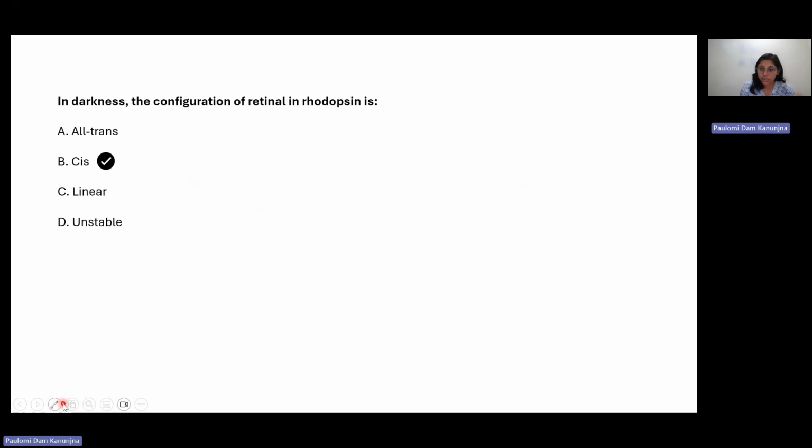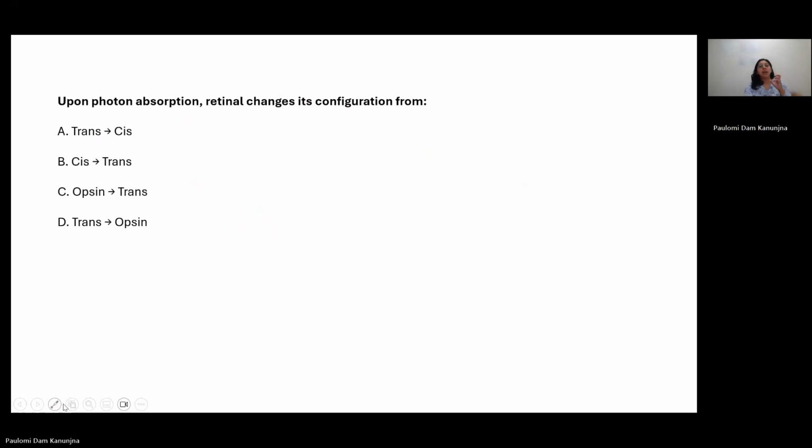It's cis, right? So what change happens when there is photon absorption, which is also the term for light reception or light absorption? How does the retinal, which is the activation center in the rhodopsin, change its configuration? Easy to understand.